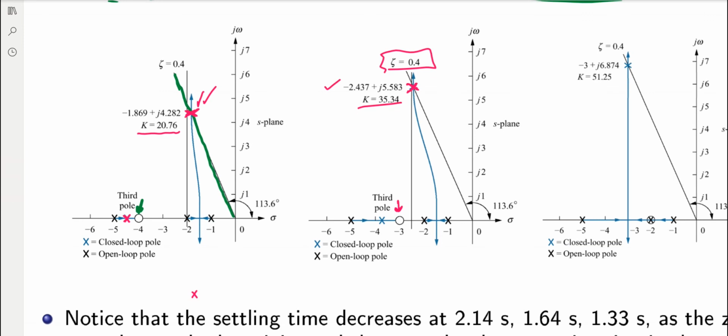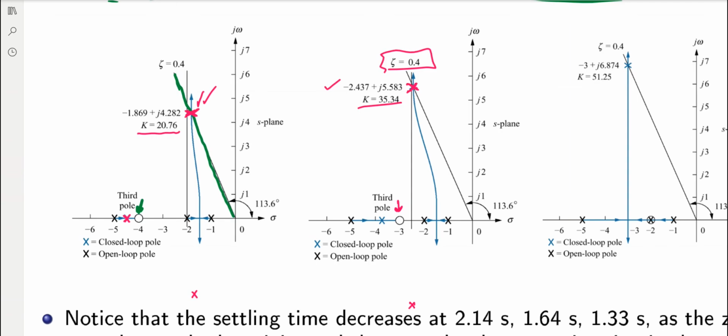One closed loop pole will be located at -2.437 plus j5.583, and the other one will be here, the conjugate of that pole. And the third pole will be located over here at almost -3.8, close to -4.